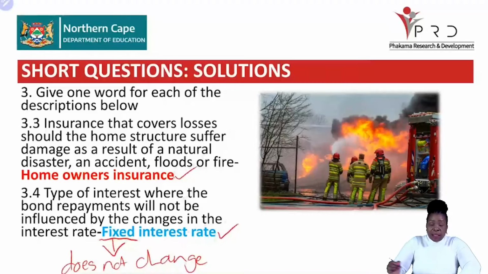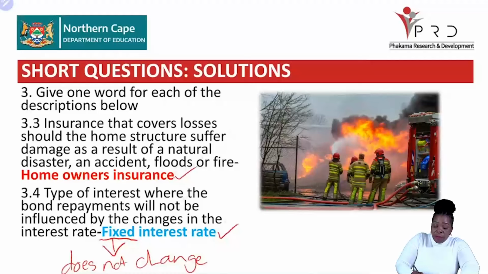Remember, interest rates keep changing all the time. They fluctuate, right? So if you decide to take a fixed interest rate, it means if the interest rate goes higher, then yours doesn't change. That's to your advantage. Even if it goes down, still you pay the same amount of interest throughout, right?